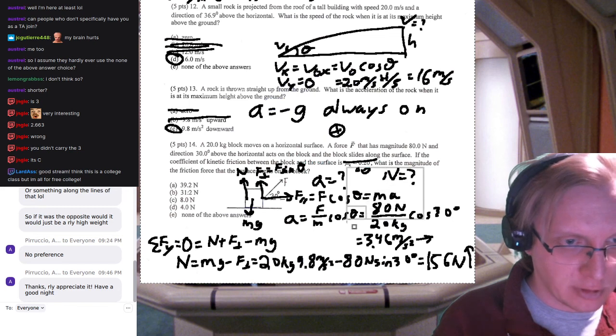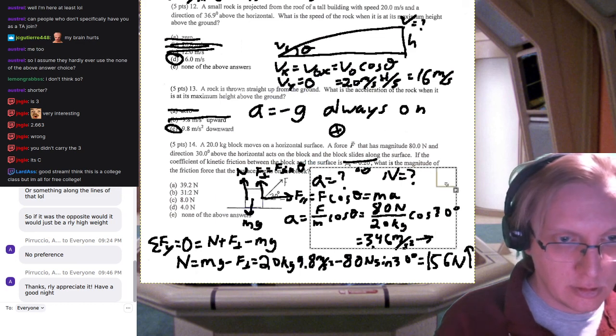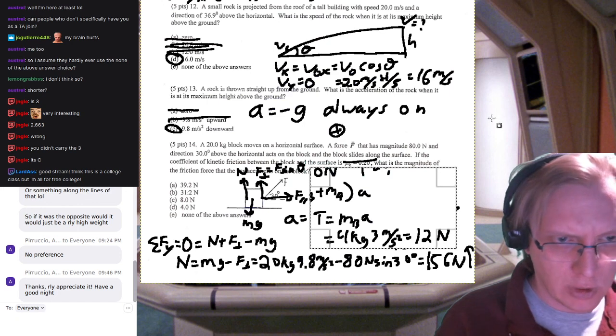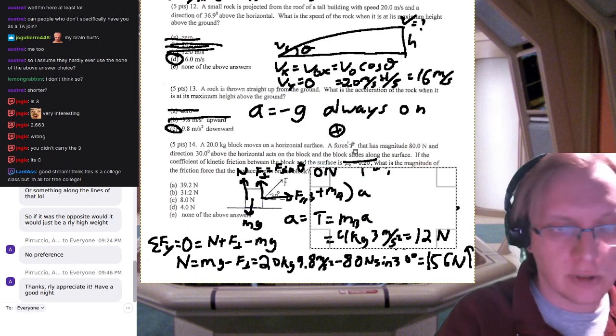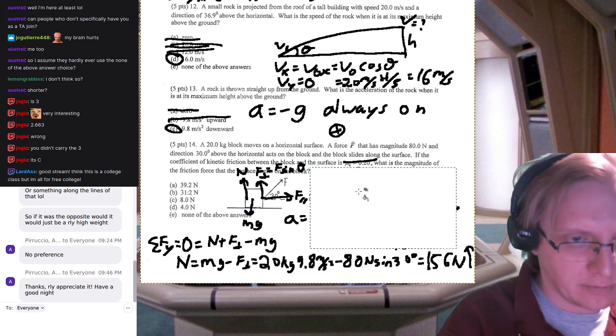So we have a force normal on this already. That's really handy. Don't care about the acceleration. Delete all that. Flip that. Fill it in. There we go.